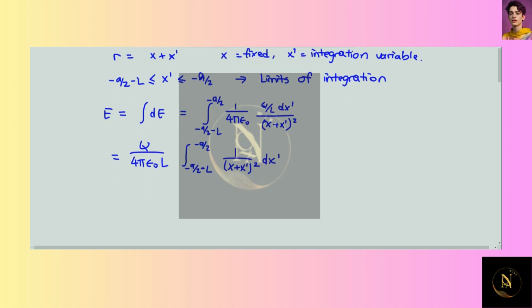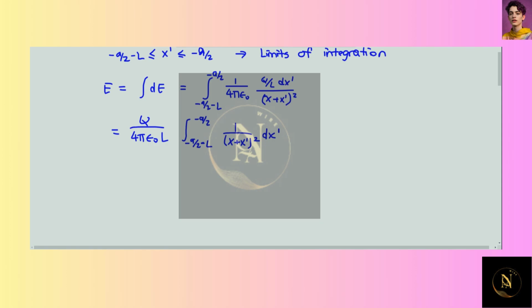We can integrate this directly, because we are integrating with respect to x prime, and the denominator only has x prime, so if you differentiate that, you get 1. So you can obtain this expression immediately.